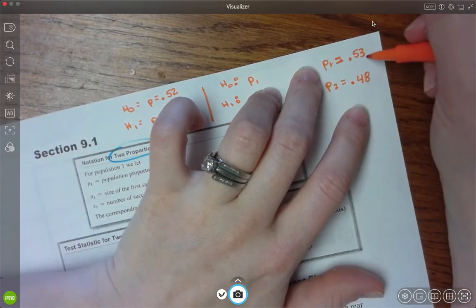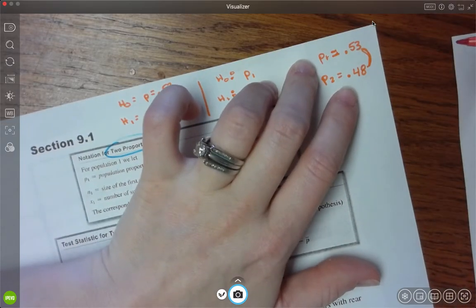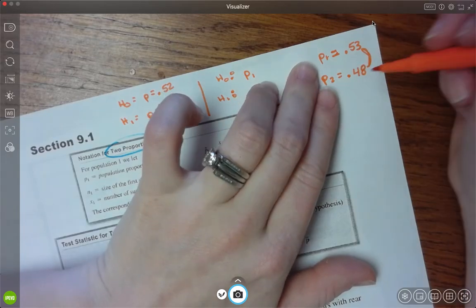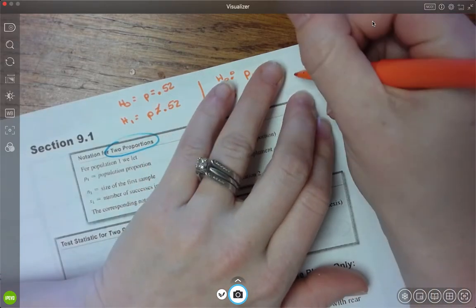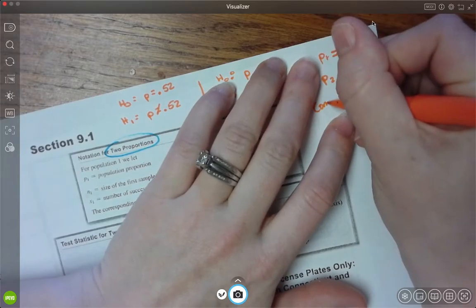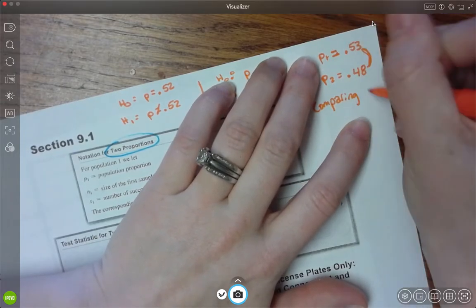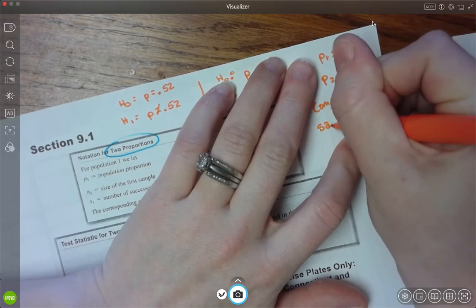Are those two close enough to say that there's the same proportion of girls for both samples? So now we're comparing two samples against each other.